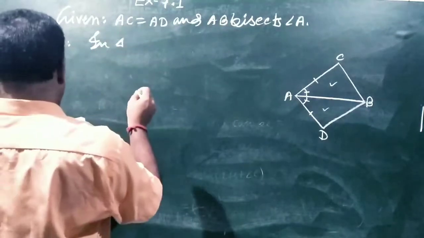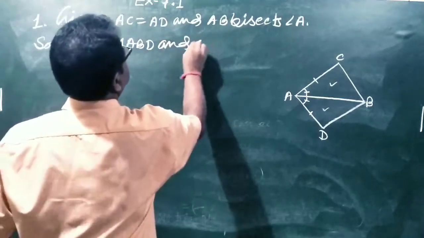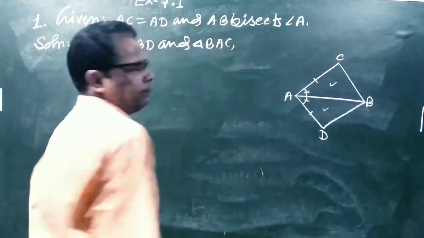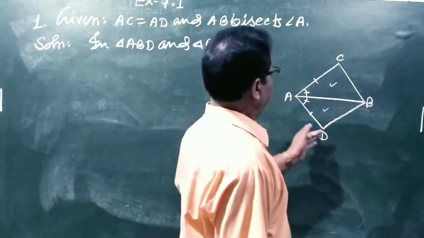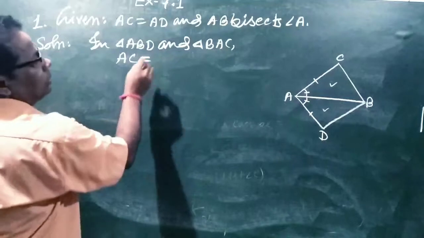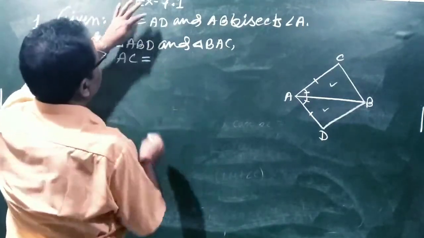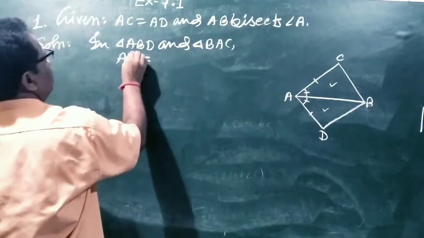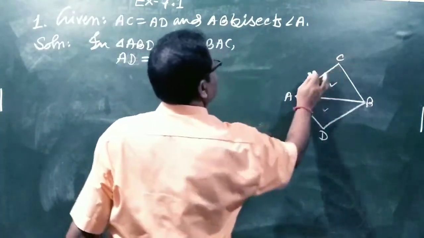In triangle ABD and triangle BAC, AD is equal to AC, it is given to us. In triangle ABD, AD comes, and in triangle BAC, it is AC.